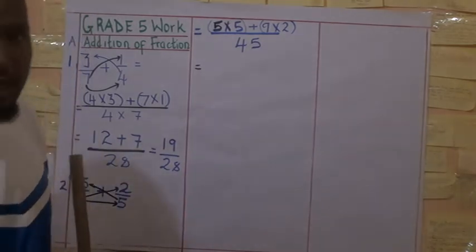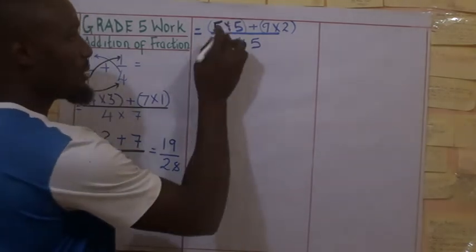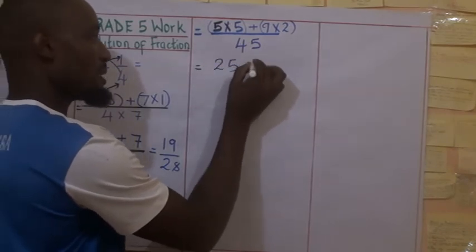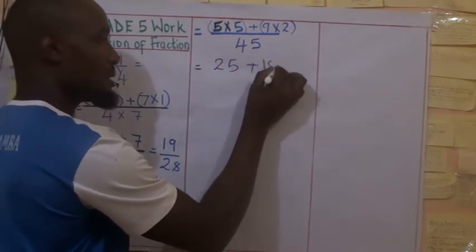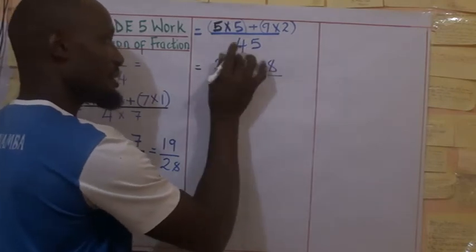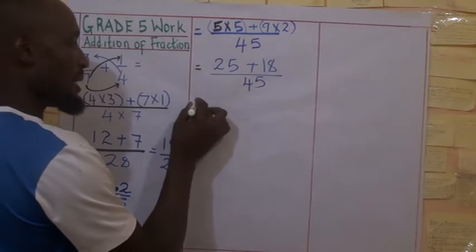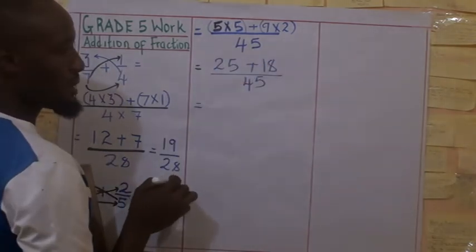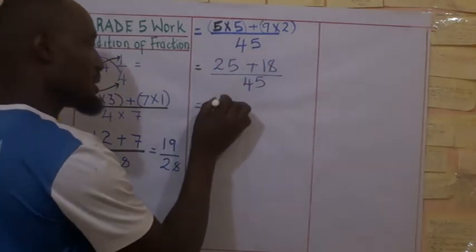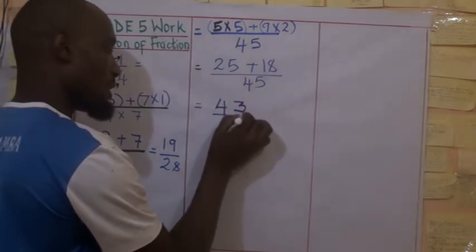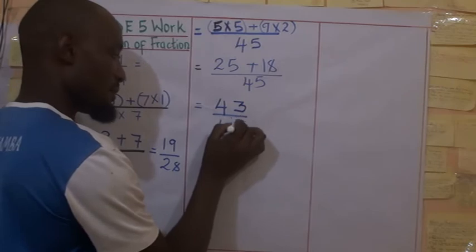So, can we try and now finish up? 5 times 5 is 25, plus 9 times 2 is 18. Draw that line, put 45. Now, can we add this plus this? You are going to get 43 over 45.